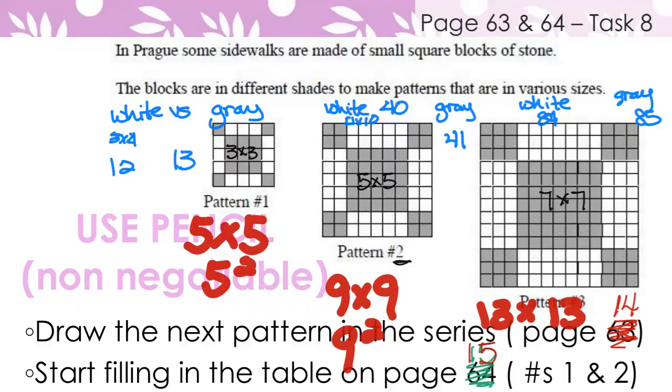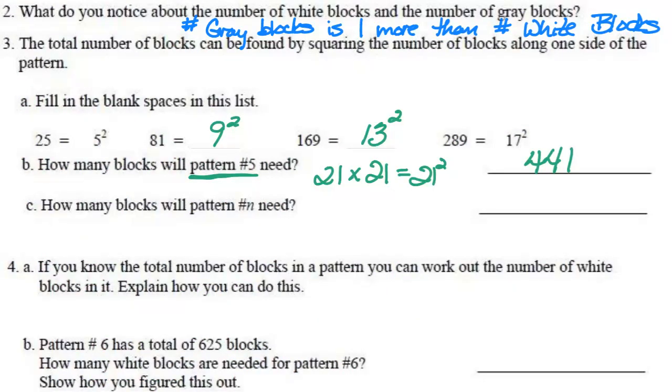And that's for the total number of blocks. Well, we had pattern 5 was 21 squared. According to what you said, that would have been 5 squared, which is only 25. So that's a lot fewer than 441.